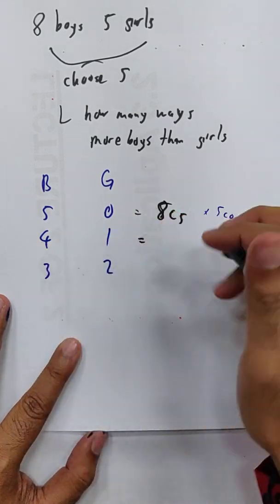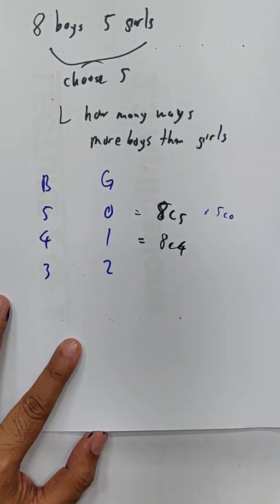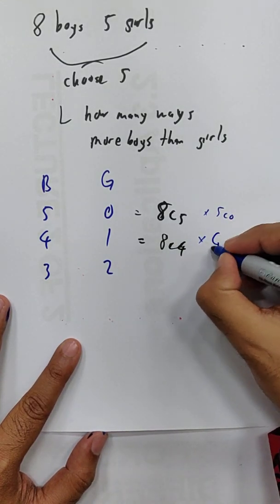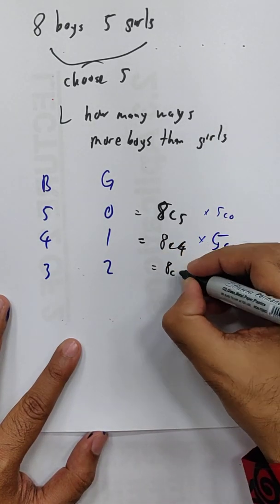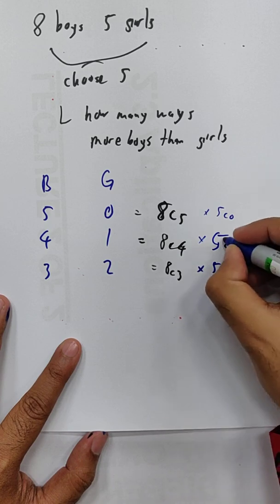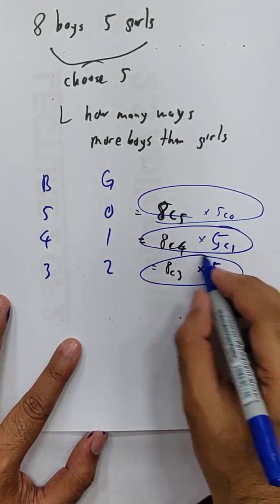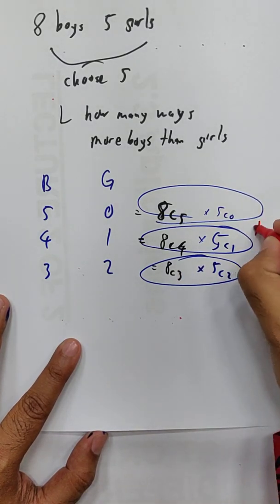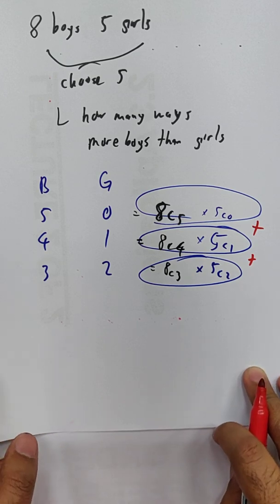The same thing. 8C4 over here, 5C1. This one. 8C3 times 5C2. And how do we connect them up? Plus or times? Why plus? Same as before, this is a different case. Alright?